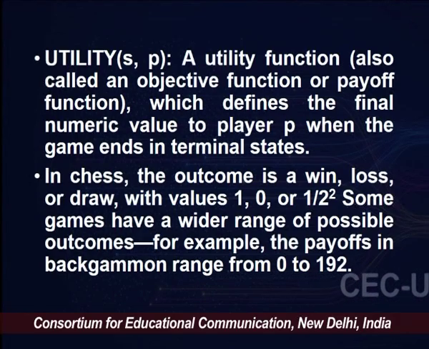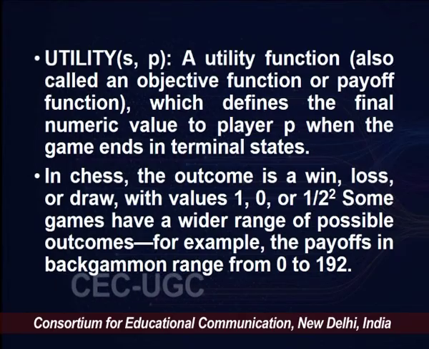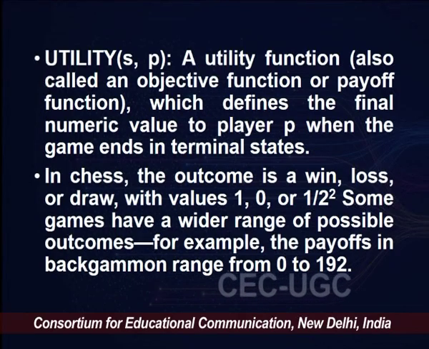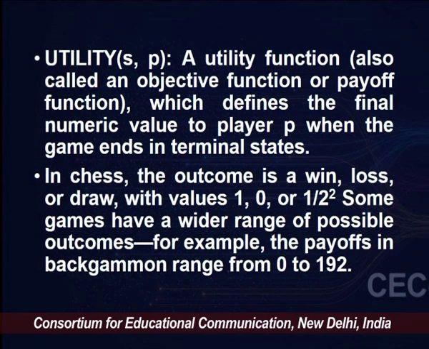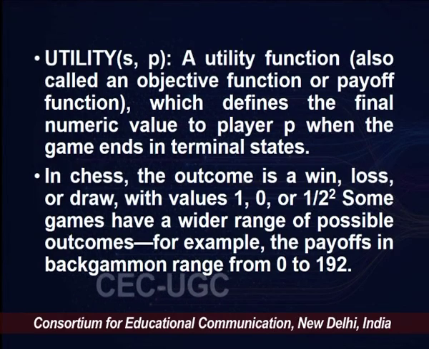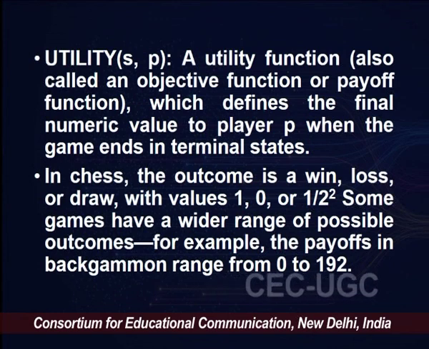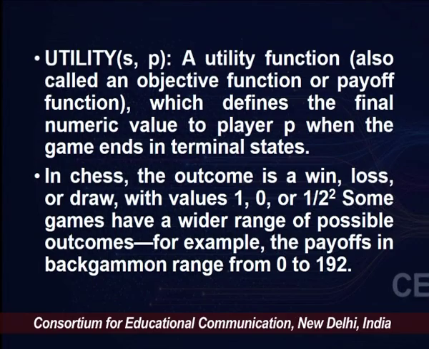It is also called an objective function or a payoff function, and this utility function defines the final numeric value which is given to a player P when the game ends in any of the terminal states. So, if any terminal state has been reached, the game is over, and the utility function defines the numeric value, the objective or payoff function, for a particular player P.